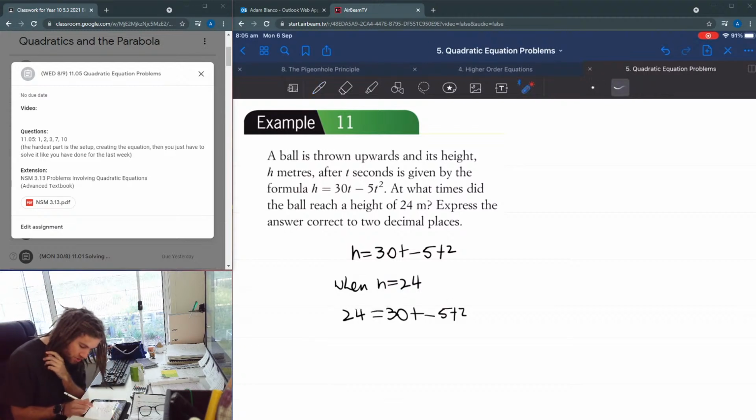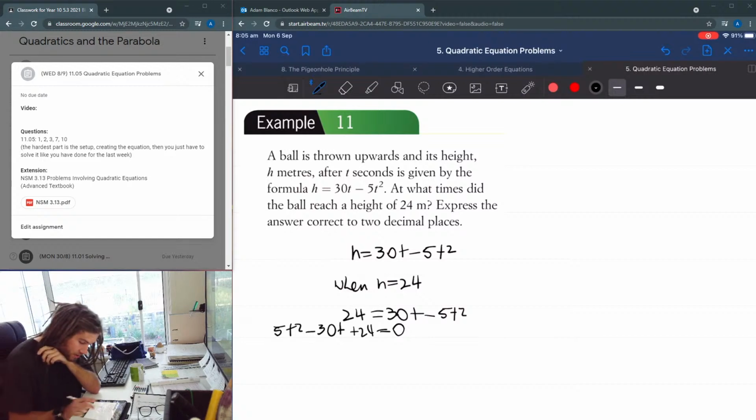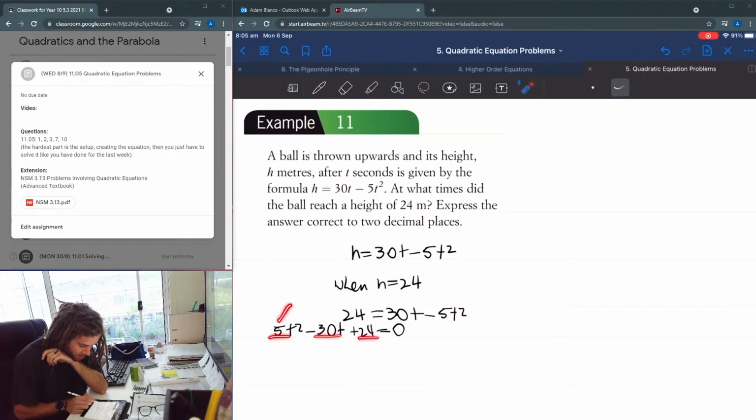Now, again, I've got two t terms, so everything needs to move to one side. You've always got to make sure your t squared is positive, so I'm going to move all these over here. So I'm going to have 5t squared minus 30t plus 24 equals 0. And then I can start solving this. First thing I might want to check for is there a common factor so I can divide and make this monic?